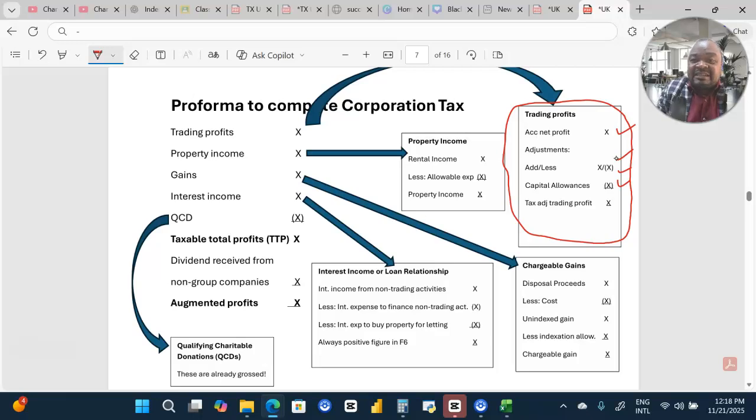Then, when we get this figure, we then have to combine it in the pro forma. It has to come to that, and it has to be combined with other incomes. Are we together? That's what we are doing right now. So don't be confused.